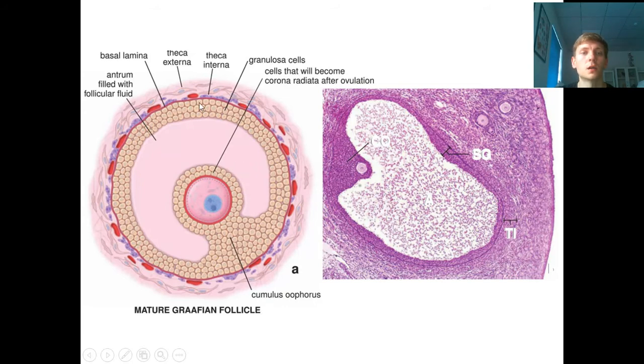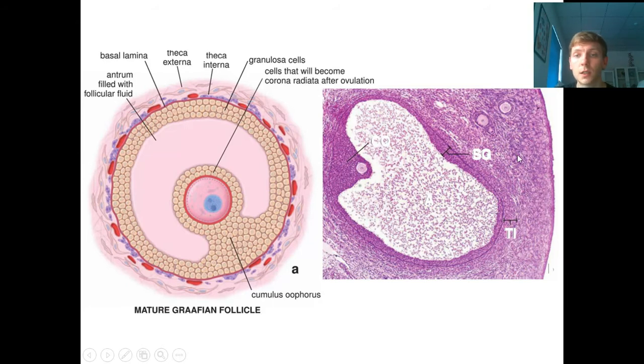This is a schematic image. This is the real image. Cumulus oophorus is this portion of granulosa cells, and here are granulosa cells which later become, spoiler, the yellow body. Also, you should remember that around this we have theca interna, and theca interna is also responsible for estrogen synthesis.